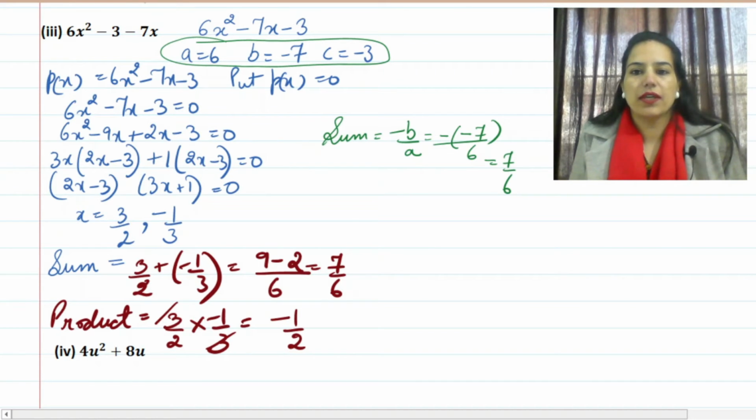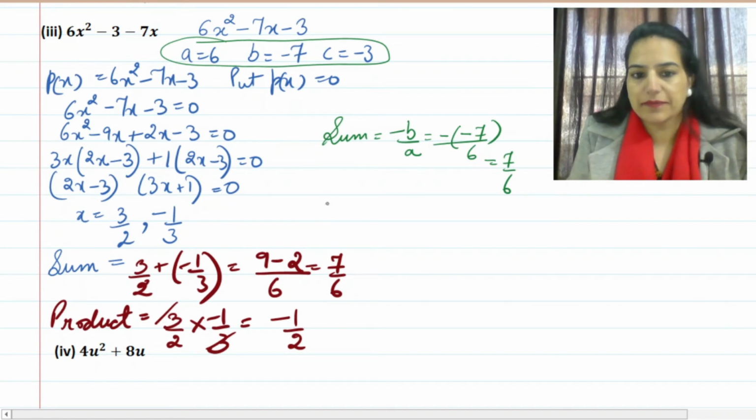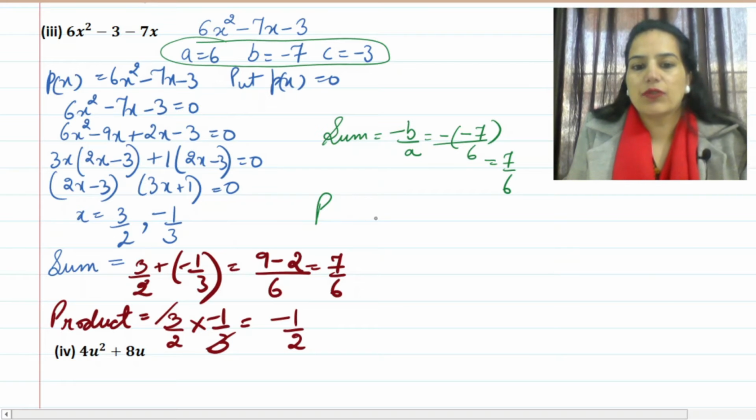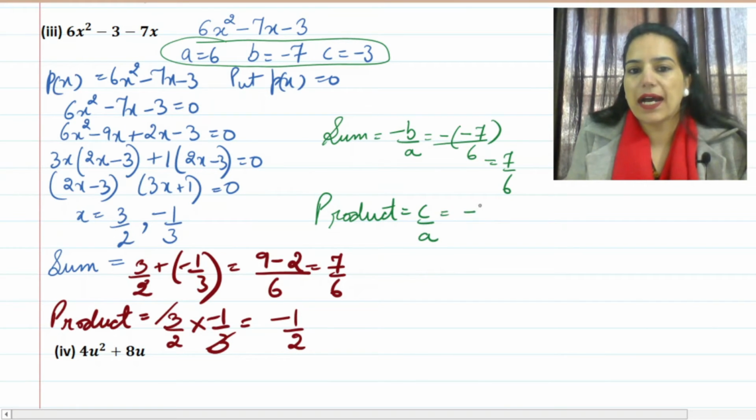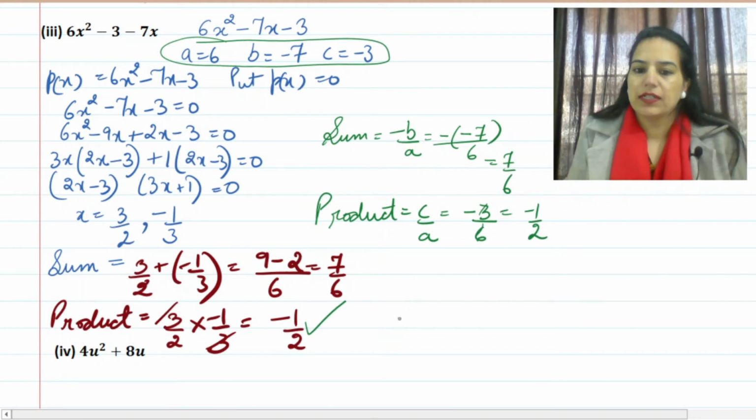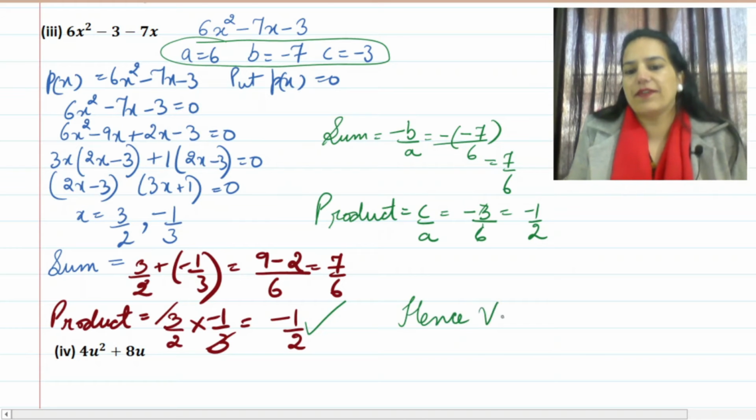So we are going the right way. Then product is equals to c by a. So what is c? Minus 3 by 6. And if I reduce it, I get minus 1 by 2, which I got here also. So hence, verified.